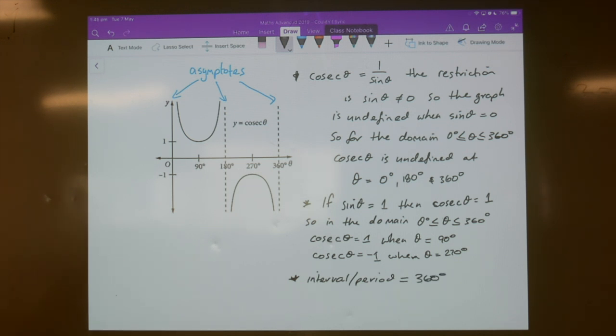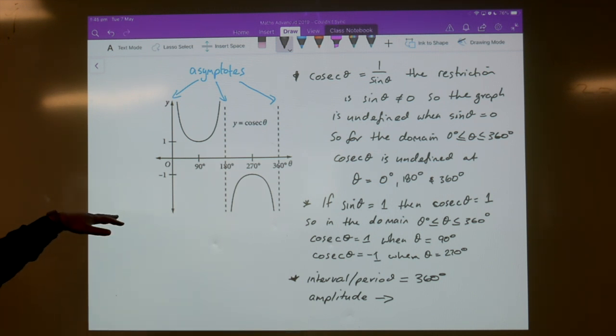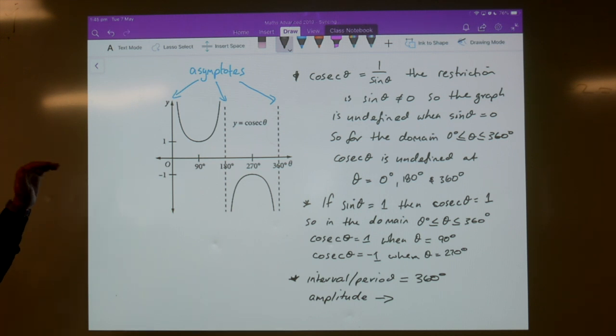And does it have an amplitude? No, because it doesn't go from 0. Doesn't have to start from 0 to have an amplitude. Well, yes. It just has to have a minimum or a maximum. And there's actually no minimum or maximum.